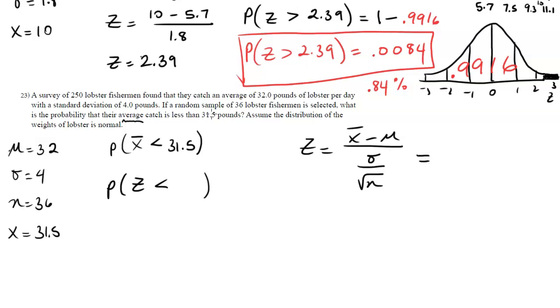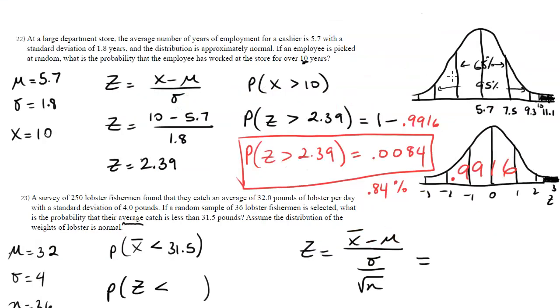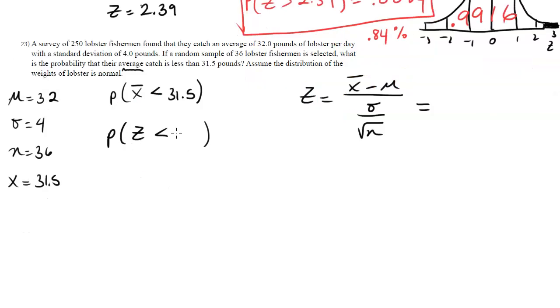And again, this is because we took a sample of a bunch of fishermen. In the earlier problem, we were looking at one person, if one employee is picked at random, so that is not a sampling distribution. But here, now we're picking a group of fishermen. If we picked a random sample of 36, this sample of 36 would have a different average than this sample of 36 and this sample of 36. So that's why we're talking about the sampling distribution of sample means.